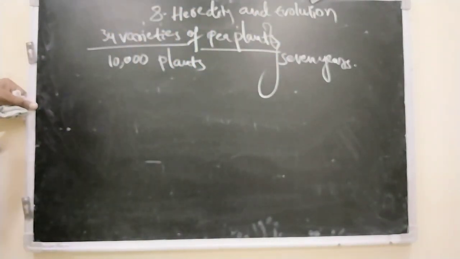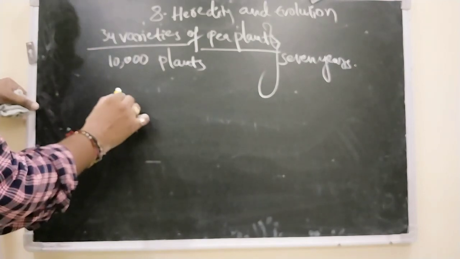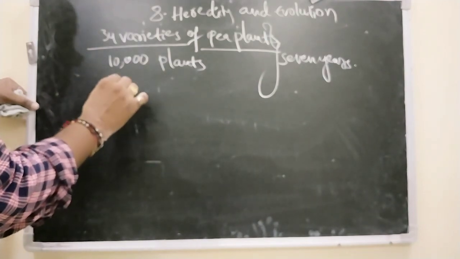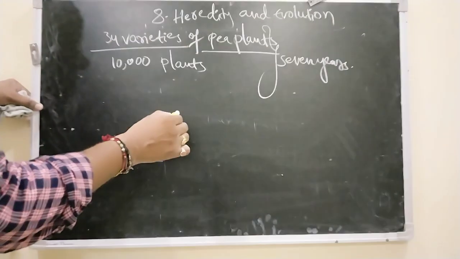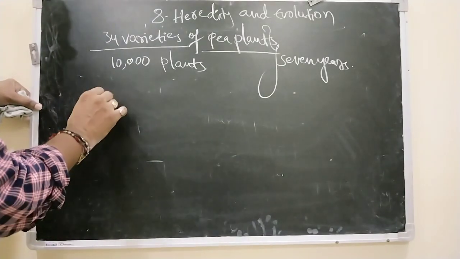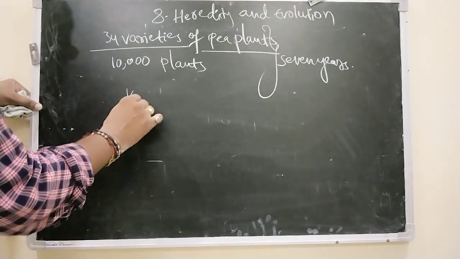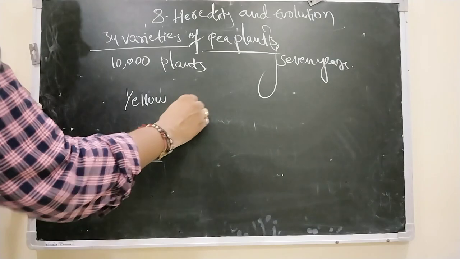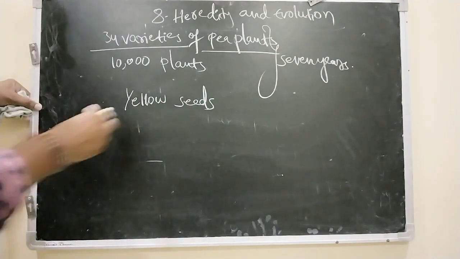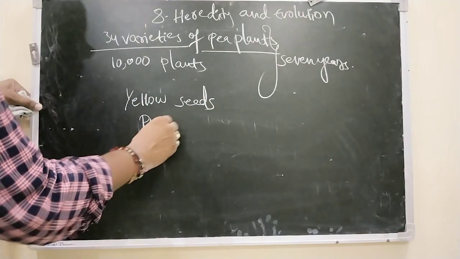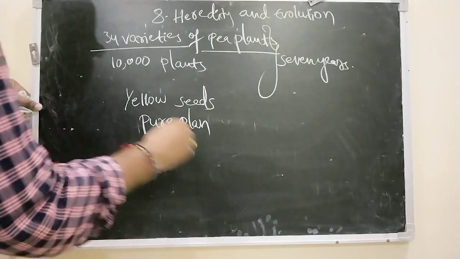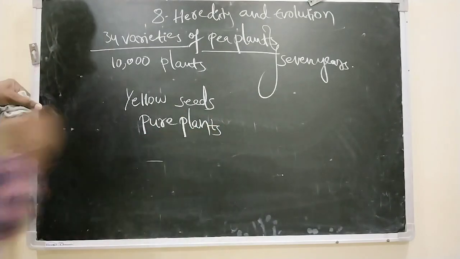Next, first of all, he grew pea plants which give yellow seeds, and he called such plants pure plants, or pure yellow seed producing plants.